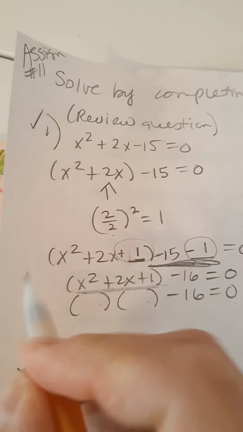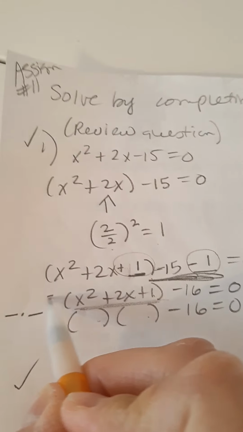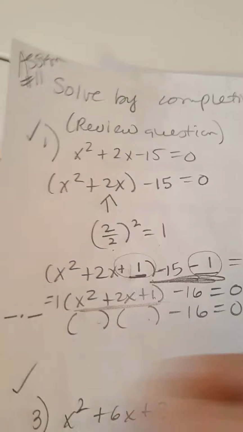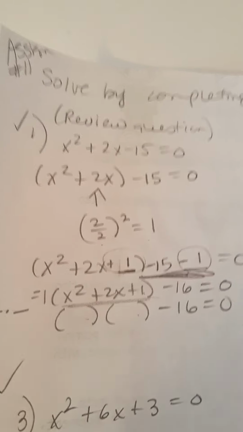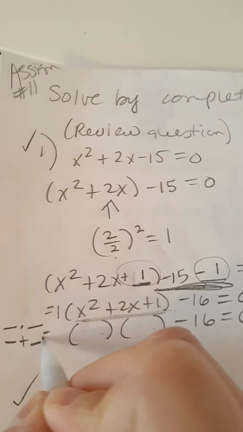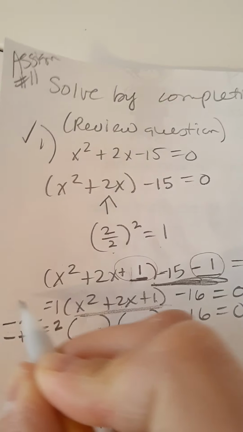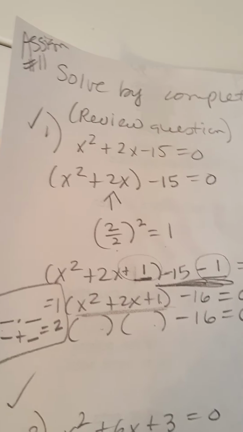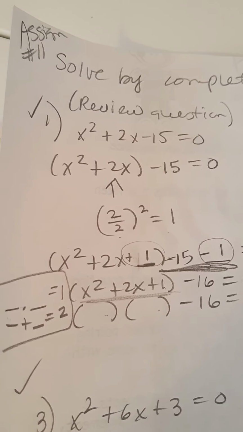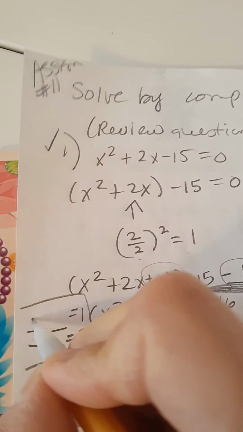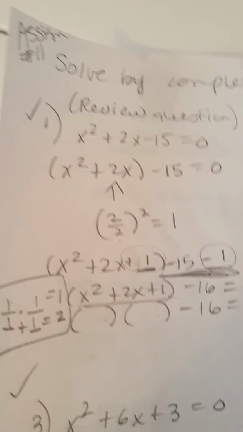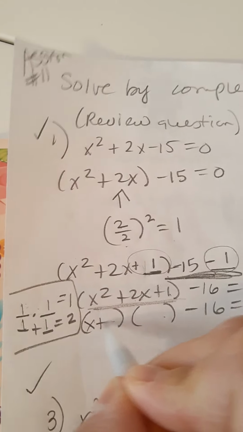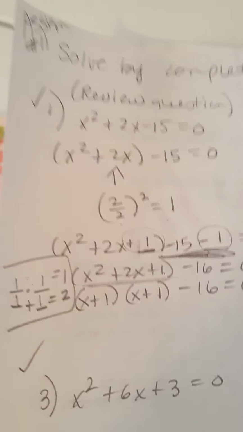You have to figure out two numbers that multiply to 1, and those same factors have to add to 2. If you remember, you will have the same number repeated. So it's 1 times 1, and 1 plus 1. So it turns out to be x plus 1, x plus 1.